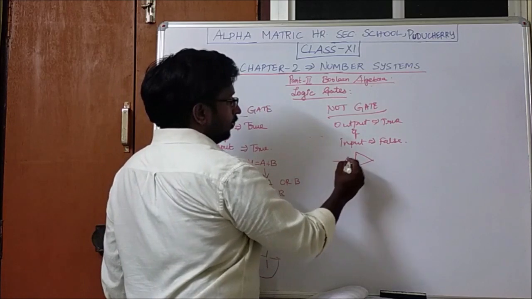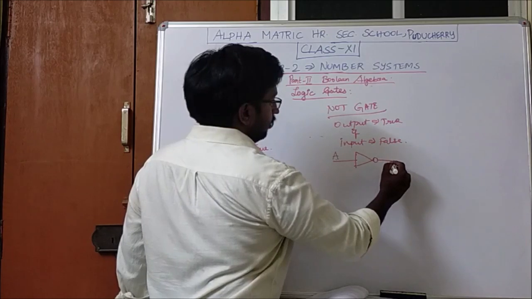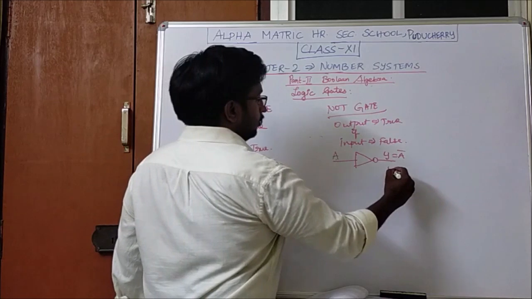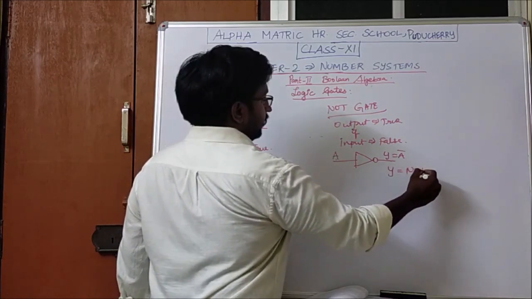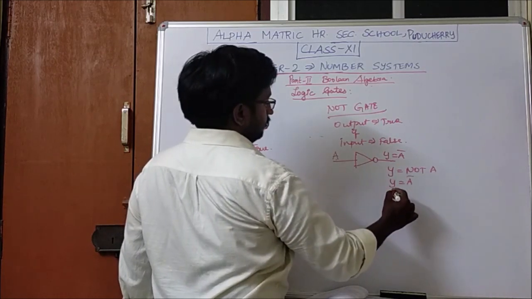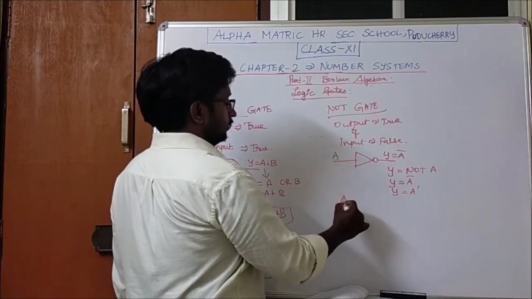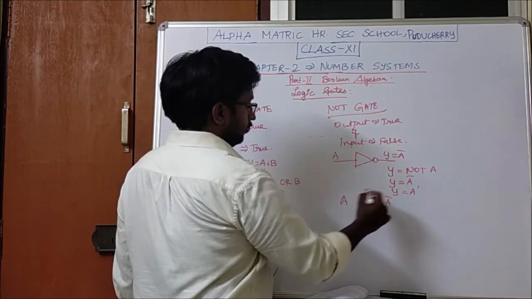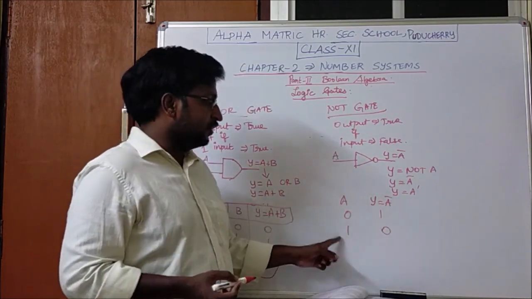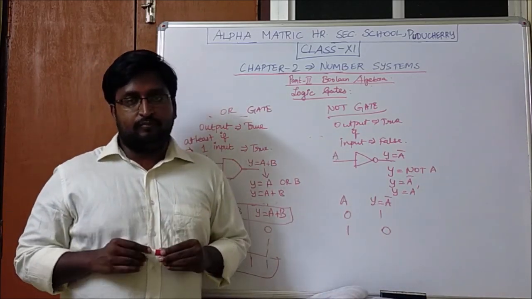Similarly, here also for the NOT gate you will have only A, and you will have a bubble, and this is Y is equal to A bar. You can write it as NOT A, as A bar, or as A with a single apostrophe. The truth table is, you will have only one input, 0 1 1 0. If it is false, it is true. If it is true, it is false. So this is about the basic logic gates.